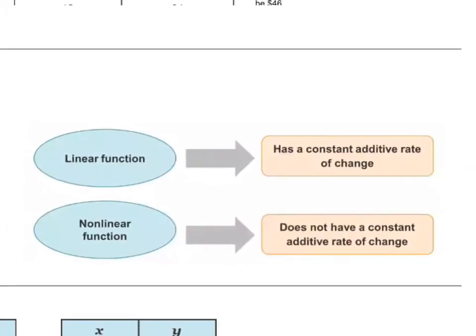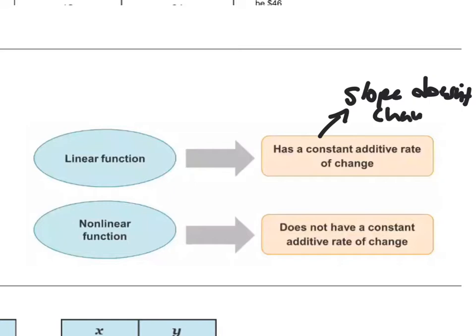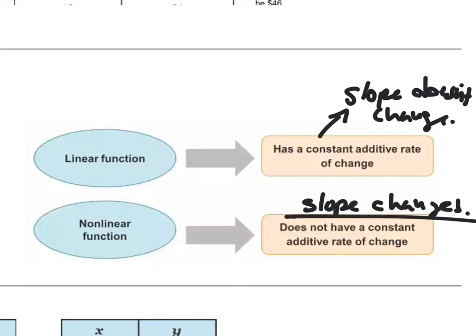A linear function has a constant additive rate of change, where you have a constant slope. So your slope doesn't change. In a nonlinear function, the slope changes. And this is what you do in calculus, actually, you talk about how the slope changes over a nonlinear function. It's pretty fun.